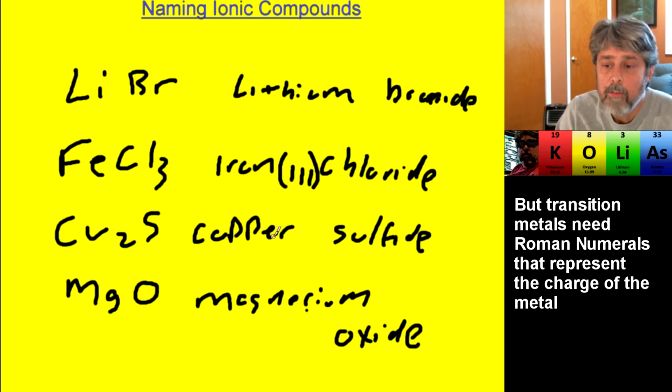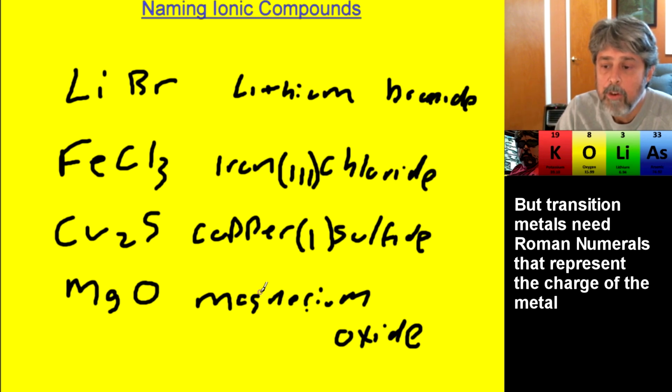Is copper a transition metal? Of course it is. So we need the Roman numerals. We need to tell people which copper we're talking about. So if sulfur is -2, we always know the nonmetals, -2. But now we have 2 coppers that have to add up to cancel out the -2. So it's going to be 1. The charge would be +1. Copper 1 sulfide.